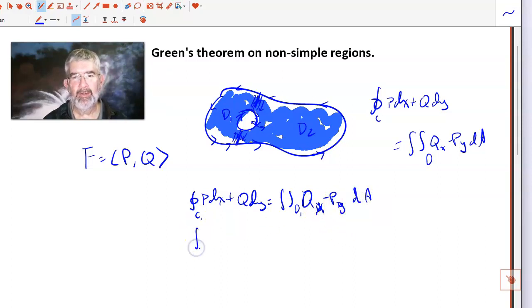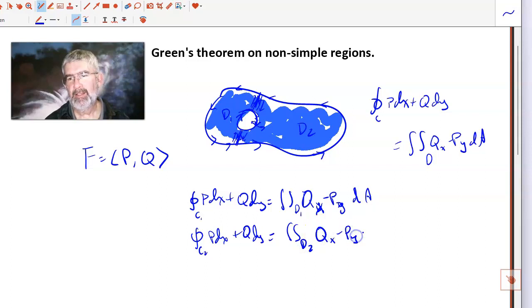And the line integral over C2 of P dx plus Q dy equals the double integral over D2 of Q sub x minus P sub y dA. If I add these two together, this is just the double integral over D of Q sub x minus P sub y dA.